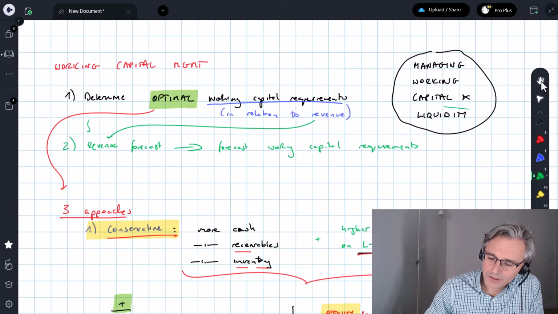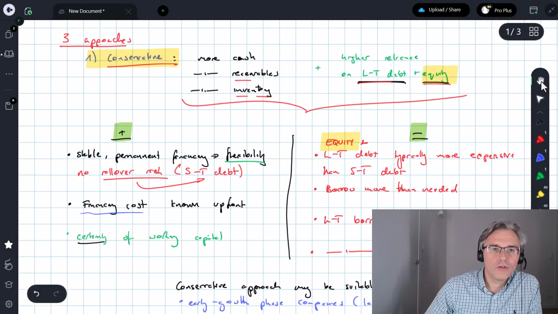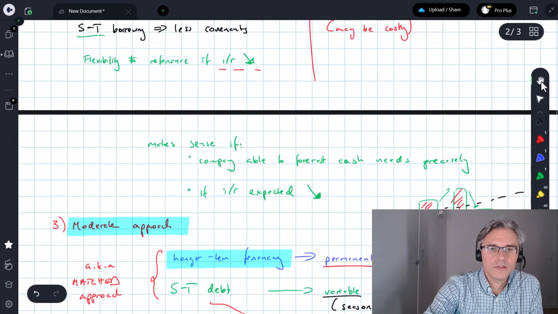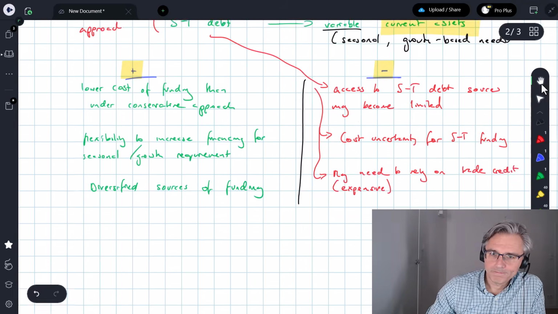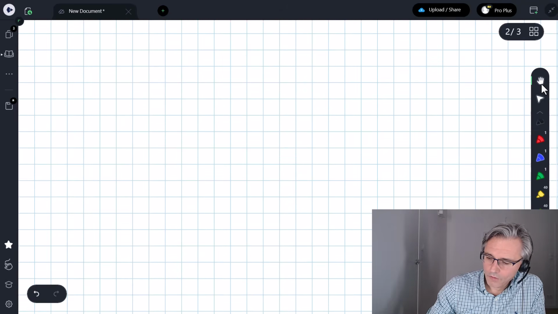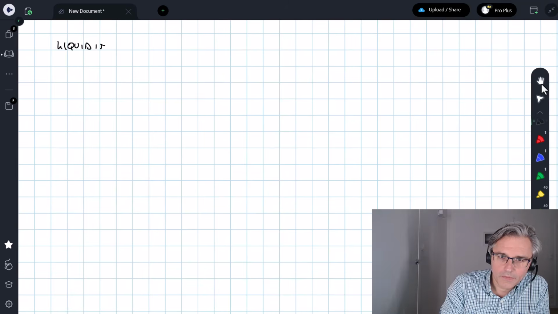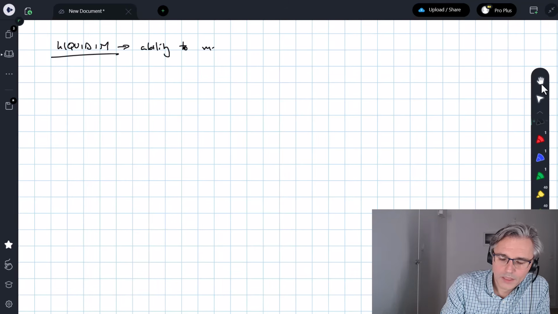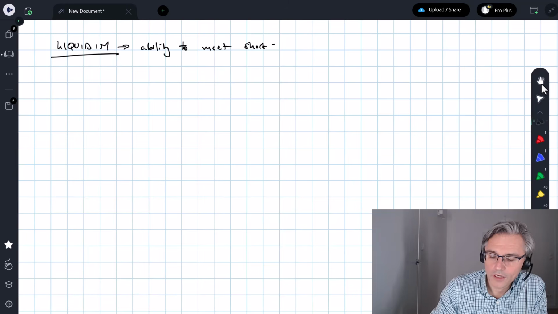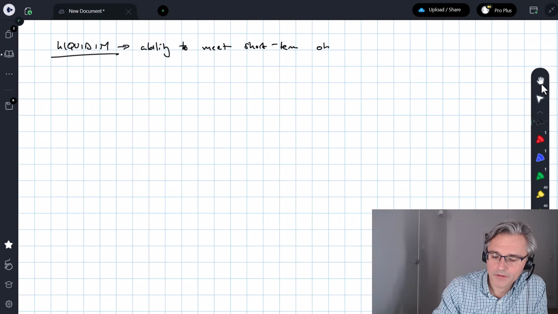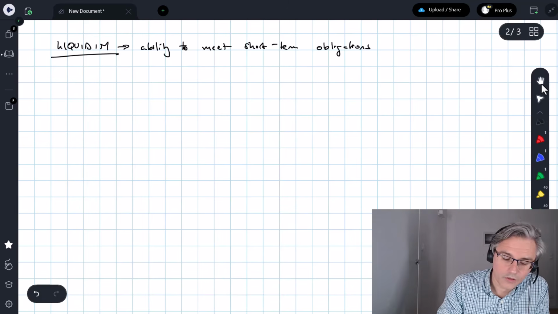Now I just want to say a few finishing words about liquidity, as your book does as well. So liquidity at the level of a company is defined as that company's ability to meet short-term payment obligations, to settle those obligations.